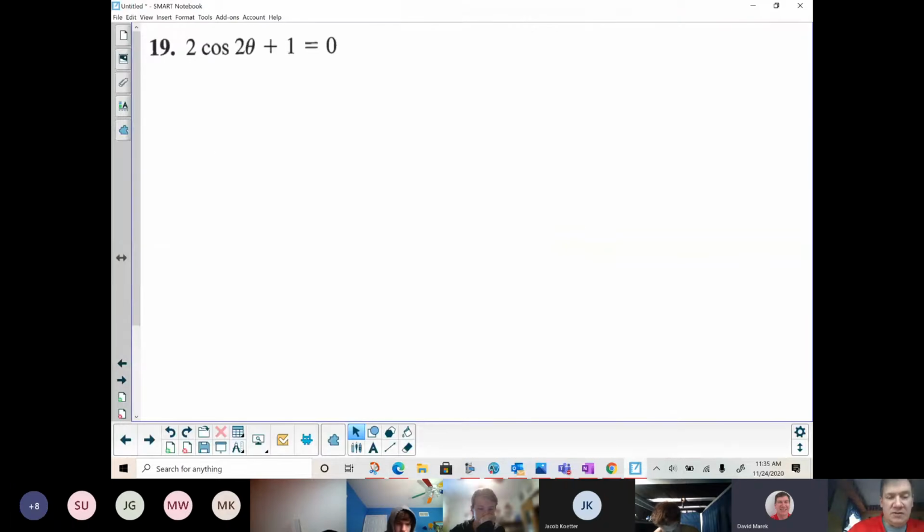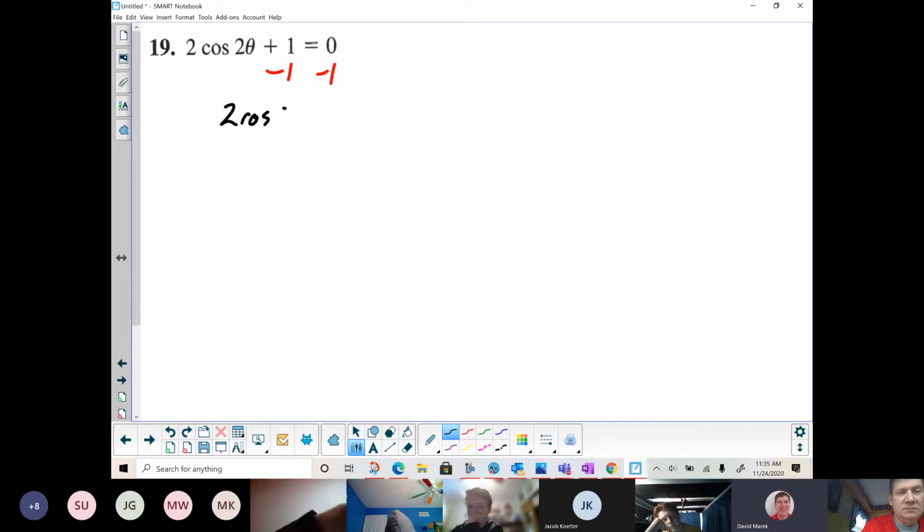All right, so again, we're going to start off with our lovely algebra here and isolate the variable term. Do a little bit of division, get rid of the coefficient.